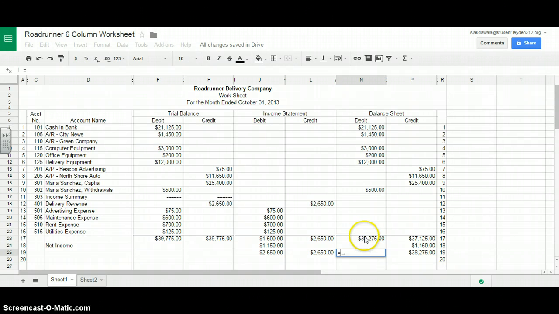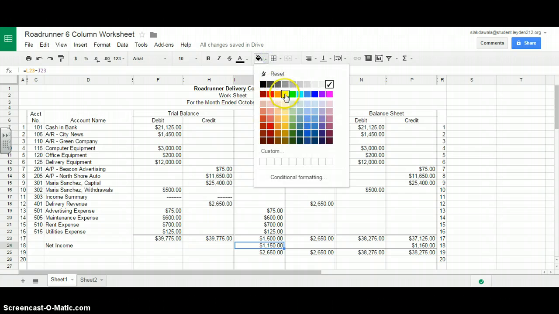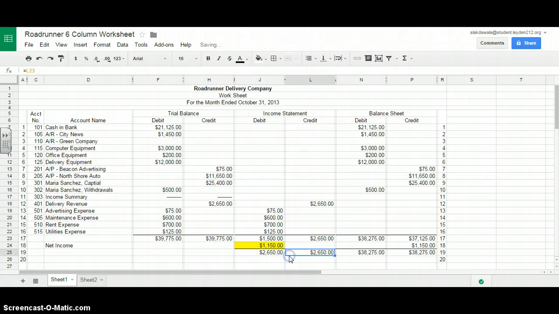So I'm just again going to go ahead and bring this number down. And now what you see is that we have the balance sheet where our debits and credits equal each other, the income statement where our debits and credits equal each other, and the trial balance where the debits and credits equal each other. This value of net income, I'm going to go ahead and highlight it for us.